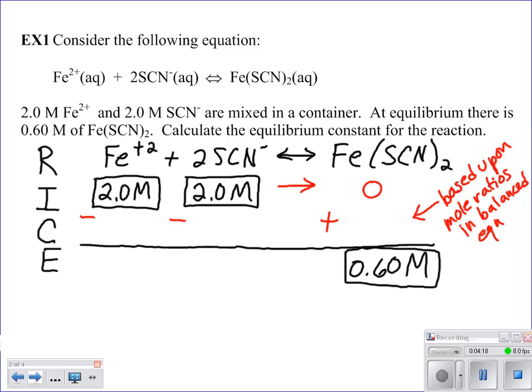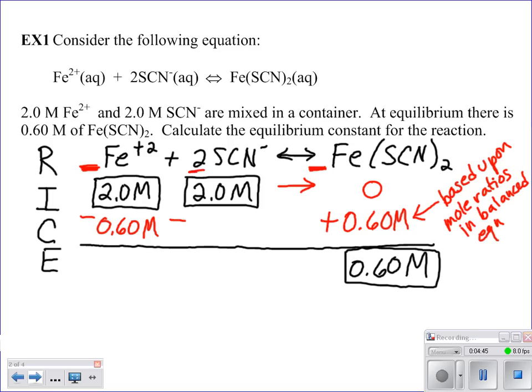So that must mean we are adding 0.6 molar for our change, which means since this is a 1, and I'm looking at my coefficients in my balanced equation, then that must mean we are subtracting 0.6 molar iron 2 ions from the left-hand side.